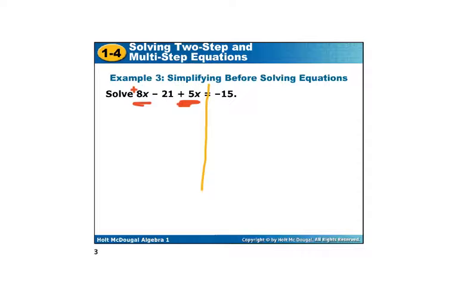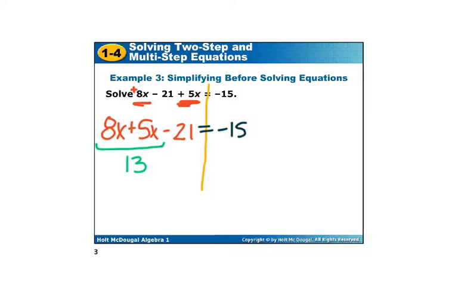It's easier to look at if I rewrite 8x and 5x next to each other, then the subtracting of 21, and the fact that it equals negative 15. 8x and 5x will not have opposite operations right now. They just combine to make 13x, and then we still have minus 21 equals negative 15.